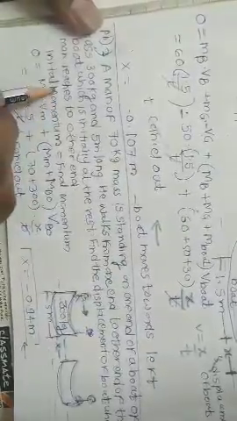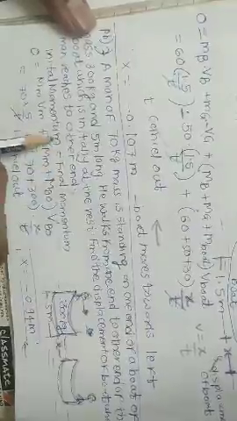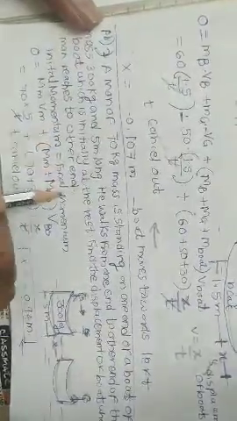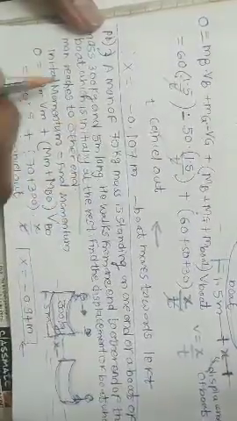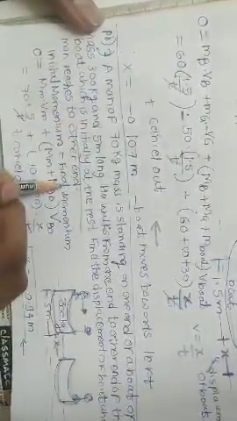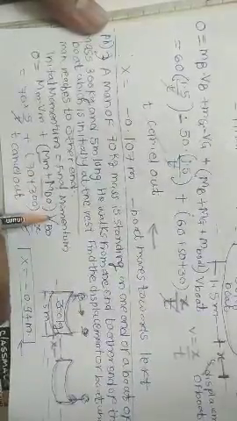Again we'll use conservation of momentum, that is, initial momentum is equal to final momentum. In this case initially everything is at rest, so initial momentum is 0. Now final momentum is equal to mass of man into velocity of man plus combined mass of man and boat into velocity of boat.